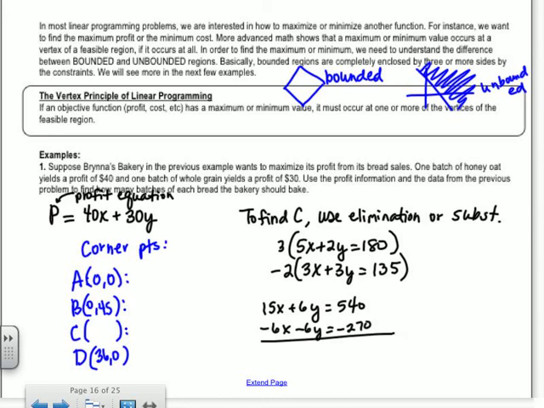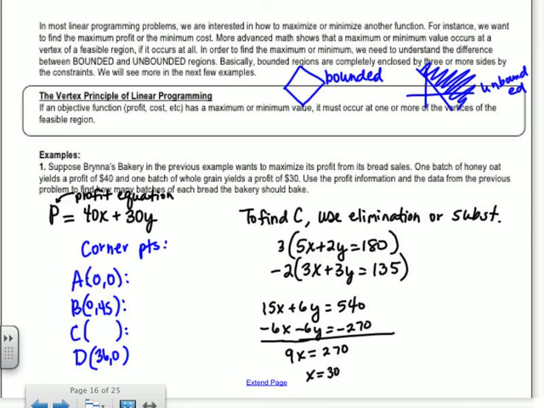So when I add straight down, I get 9x equals 270. So x is 30. And then I plug back into any of them to find y.